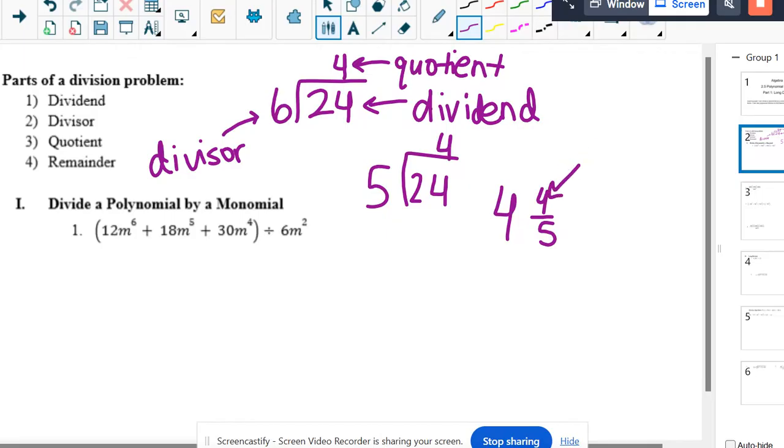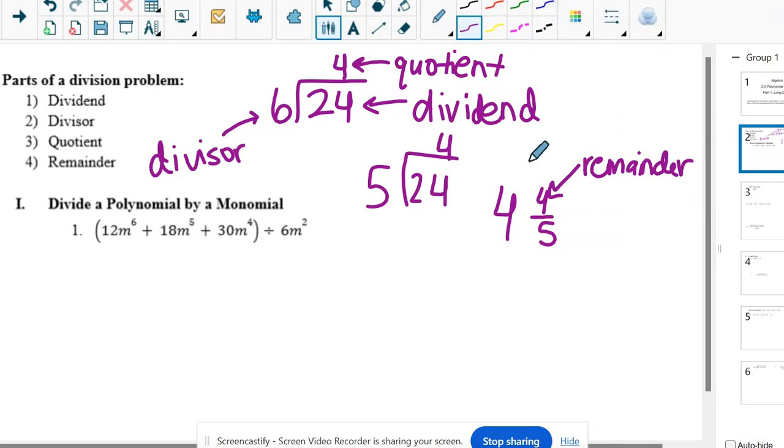The 4 is the remainder. So when you write your answer, if there is a remainder, you put the answer that you get here, and then you put the remainder divided by the divisor. And you know that because you would need one more to get to 25, which would make it 5. So 1/5, take away 1/5, and you have 4/5.